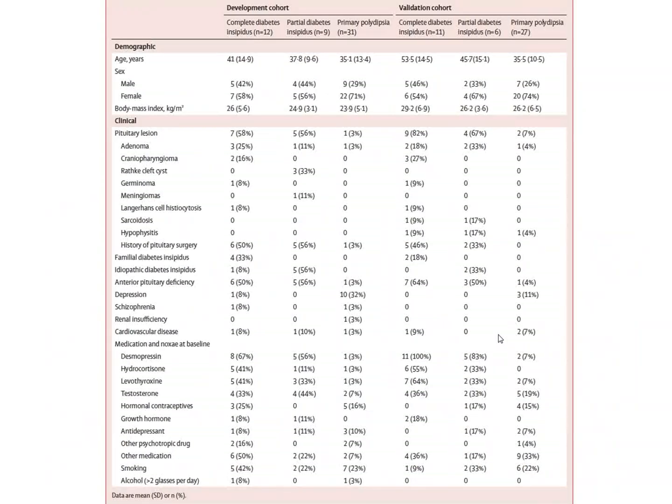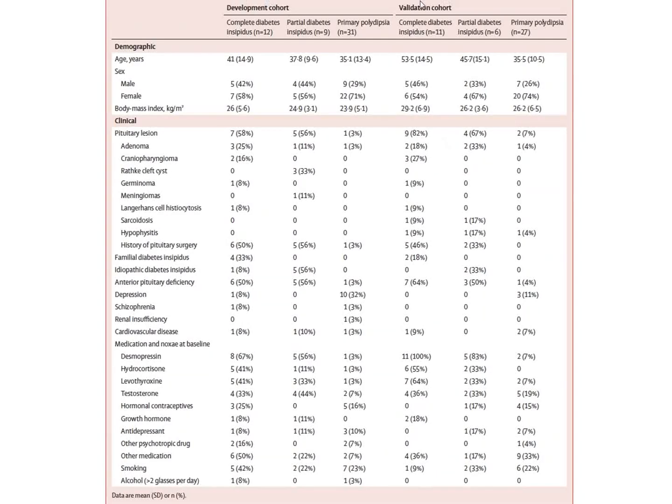You'll recall that the classical test for this is to lock these patients up and perform water deprivation for 16 to 24 hours, which has a whole bunch of problems and is not very reliable. The end test in the water deprivation approach was measuring urine osmolality and then giving the patients DDAVP to see if they could concentrate their urine. But this is how this was done.